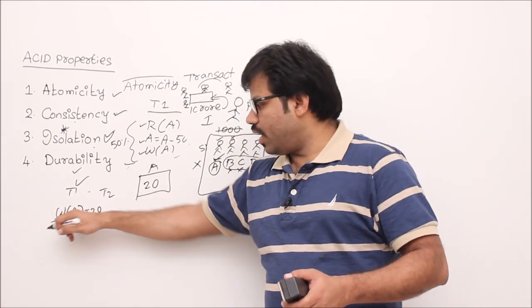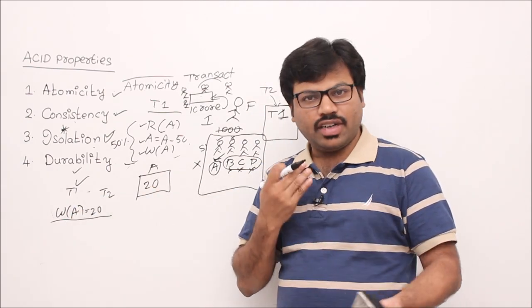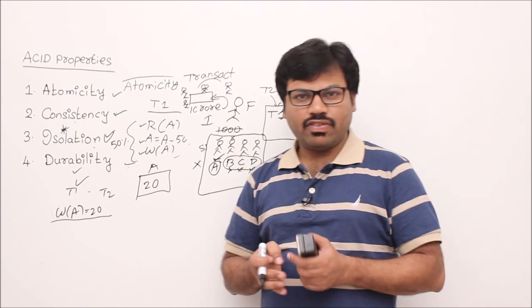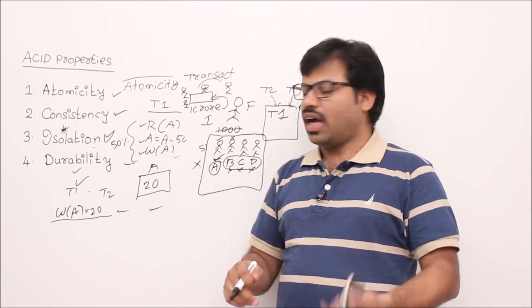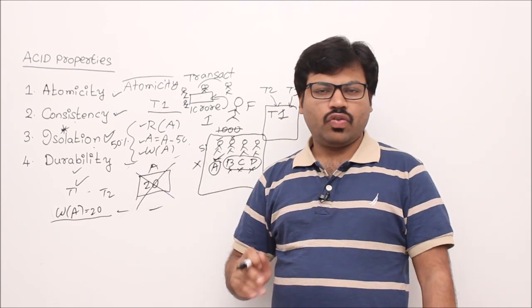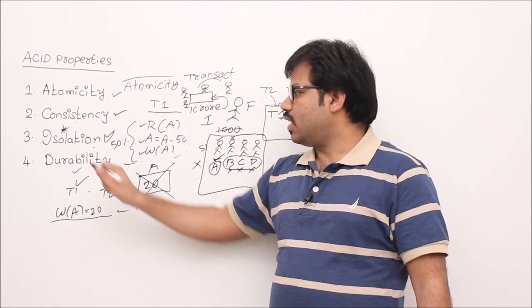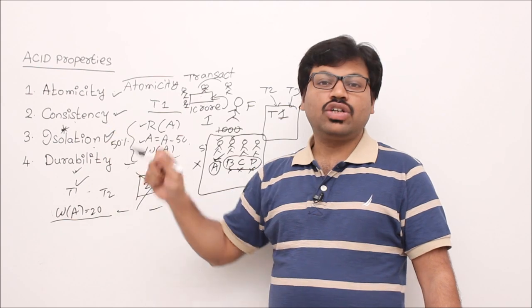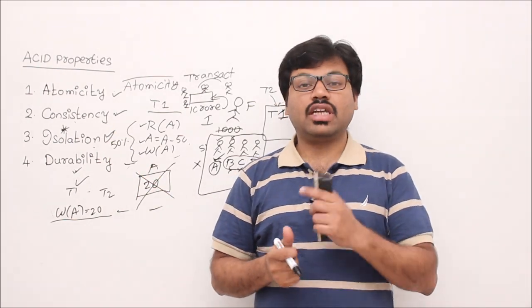Maybe when that write of A operation was executing, power goes off, otherwise an earthquake occurs, otherwise a tsunami occurs, otherwise your disk completely failed. Whatever may be the case, you are going to lose the data, but that should not happen. So that is called durability. Durability will be maintained by a software module in the DBMS, that is the recovery manager.